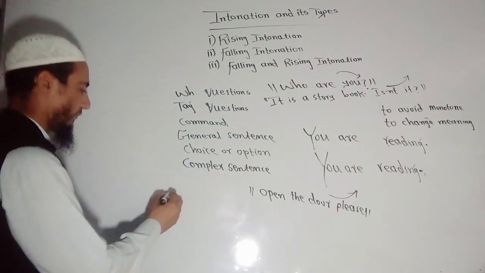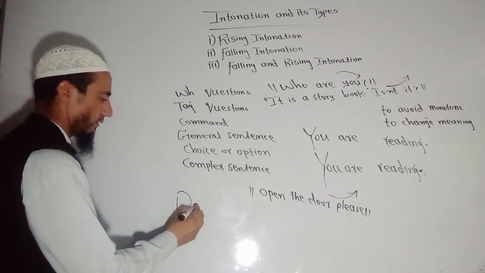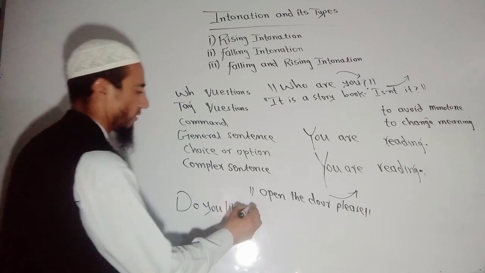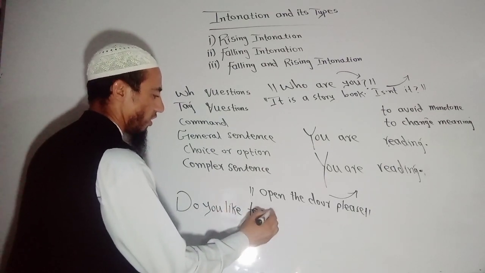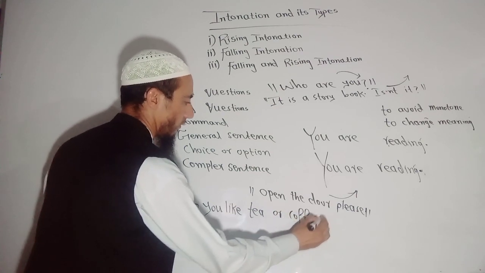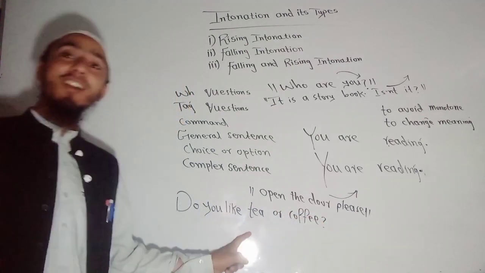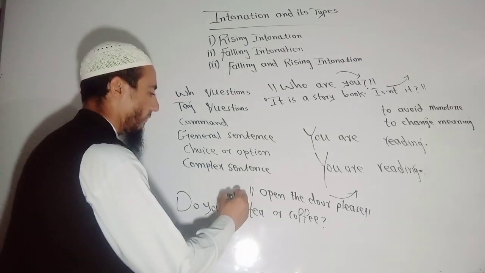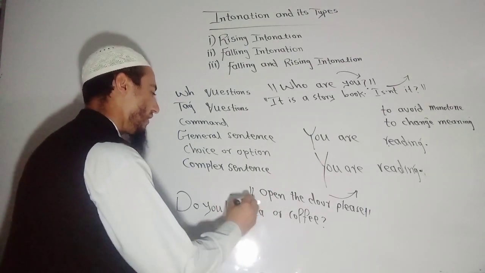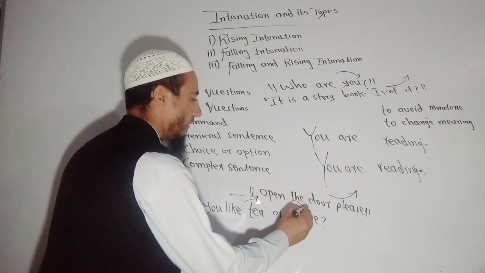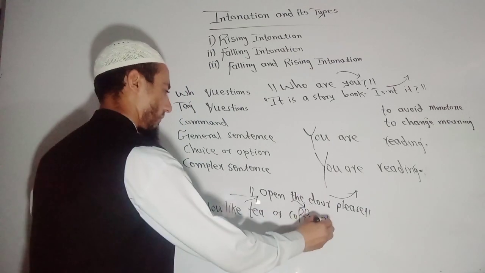For example, do you like tea or coffee? See, do you like tea or coffee? So here you see a rising intonation, and here is falling intonation.